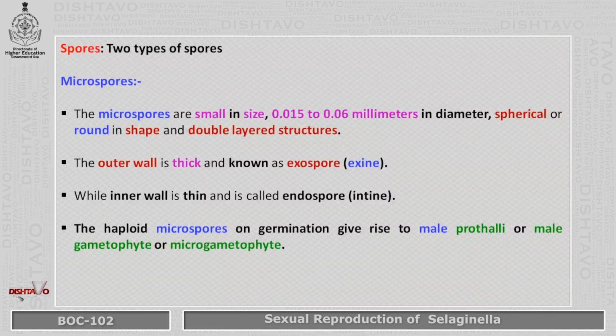The outer wall is thick and known as exospore, also called exine, while the inner wall is thin and called endospore, also called intine. The haploid microspores on germination give rise to the male prothallus, or male gametophyte, or microgametophyte.